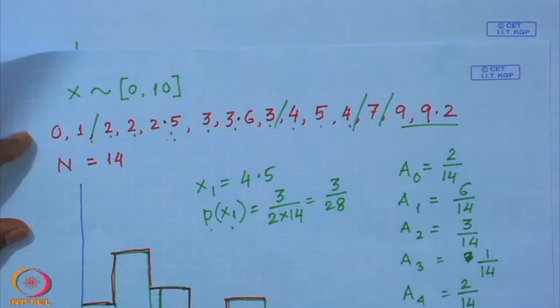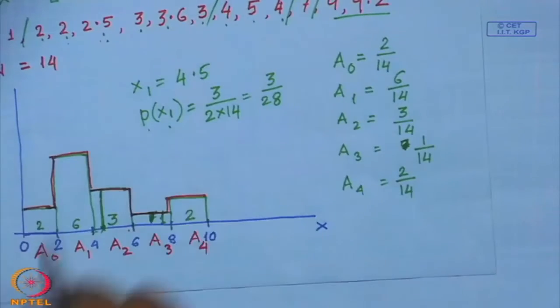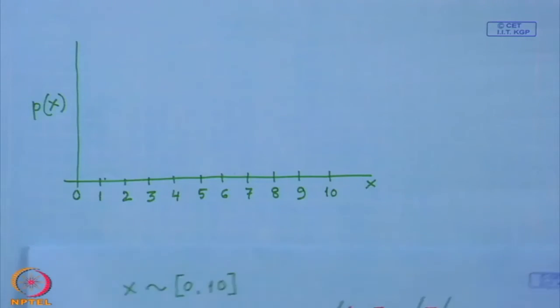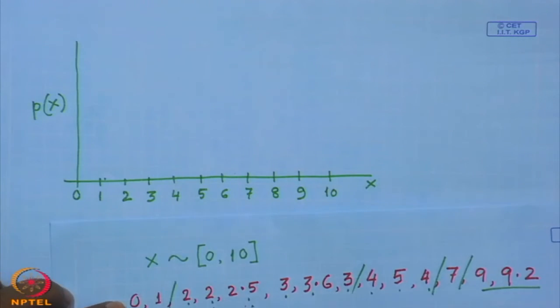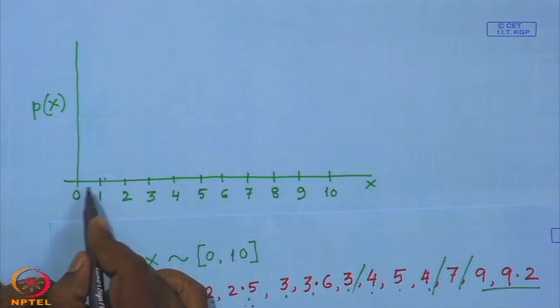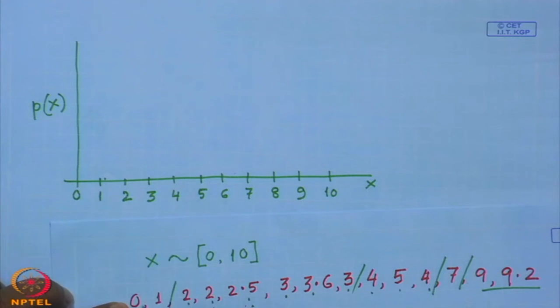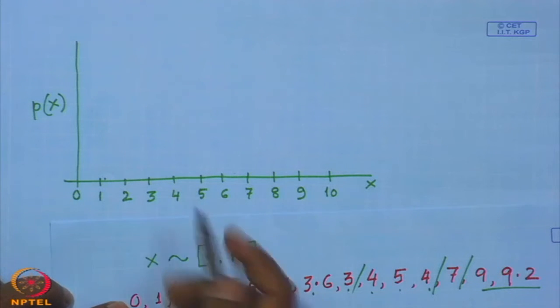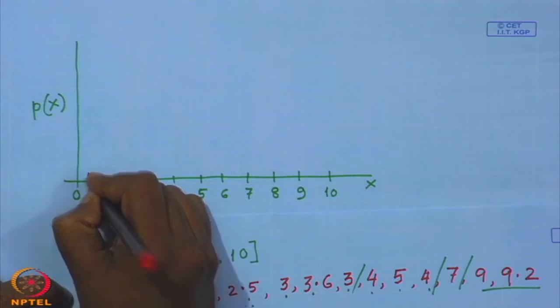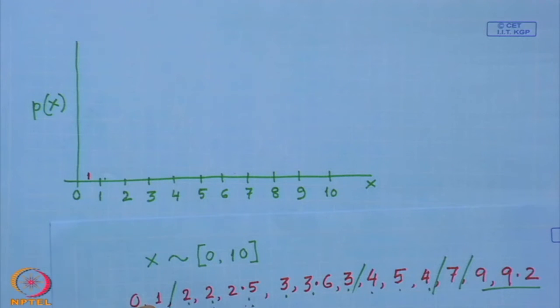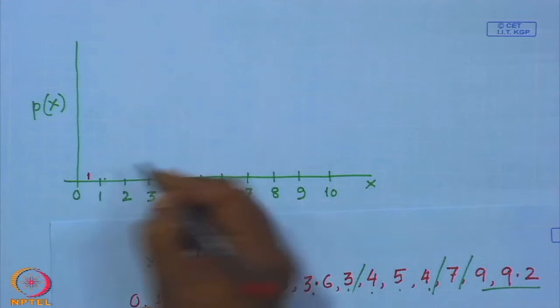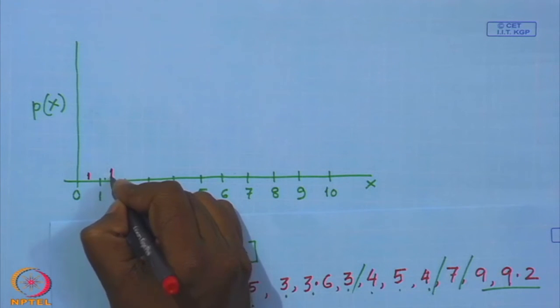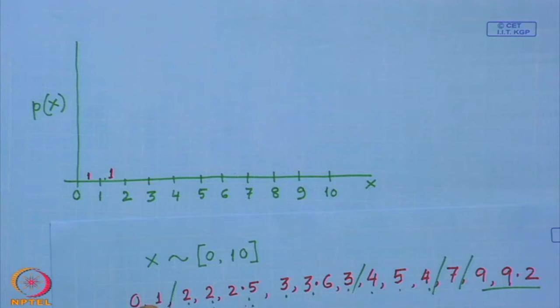9.2. Okay. So, given this set of samples, you find that the sample 0 falls within the first bin, and this is the only sample which falls in this bin. So, the number of samples falling in this bin is equal to 1. Similarly, the next sample 1 also falls in the next bin, so the number of samples falling in this bin is equal to 1.